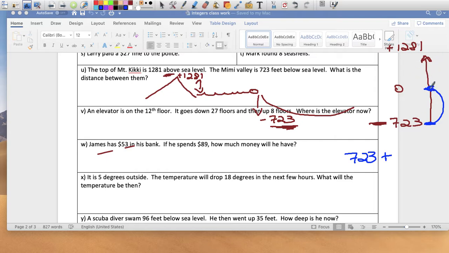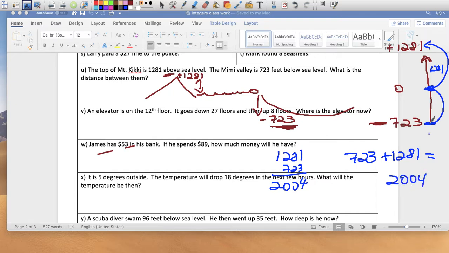Now you want to go all the way to the top of the mountain. How many feet would you have to go? Well, you have to go 1,281 feet to go all the way to the top. So if you add these two, you get the distance. So how far apart are they? They are 2,004 feet apart.